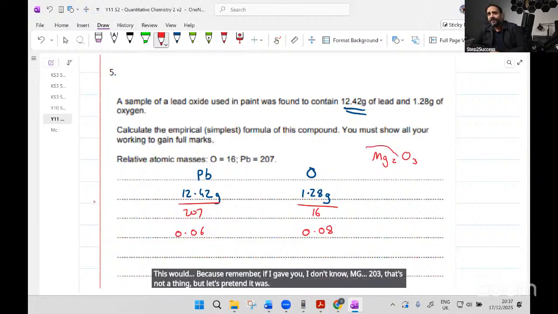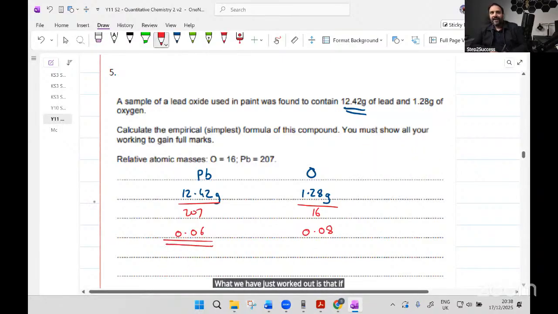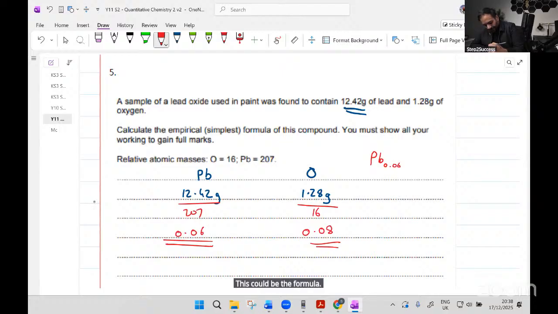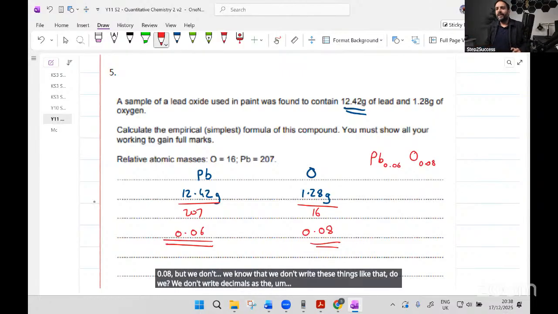What that means is that there's two magnesiums with three oxygens. What we have just worked out is that if there's this much lead, there's this much oxygen. So in theory, this could be the formula, Pb 0.06, O 0.08. But we know that we don't write these things like that, do we? We don't write decimals as the numbers that go on the bottom.